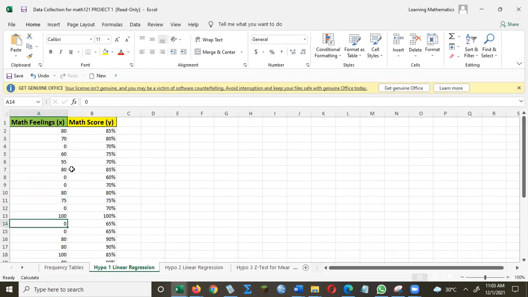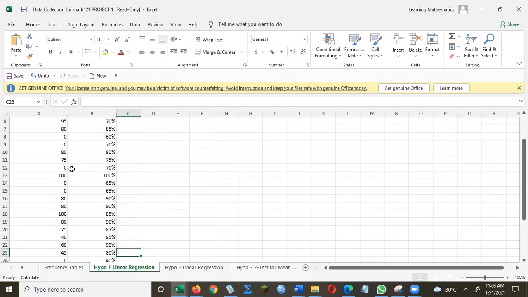That means they don't say they hate it, they just don't have any positive feelings for maths. This one says they love math very much. This one probably hates maths, but they're still getting 60, 70, 65, 65, 40. Well, that one got 40%. It's very interesting.